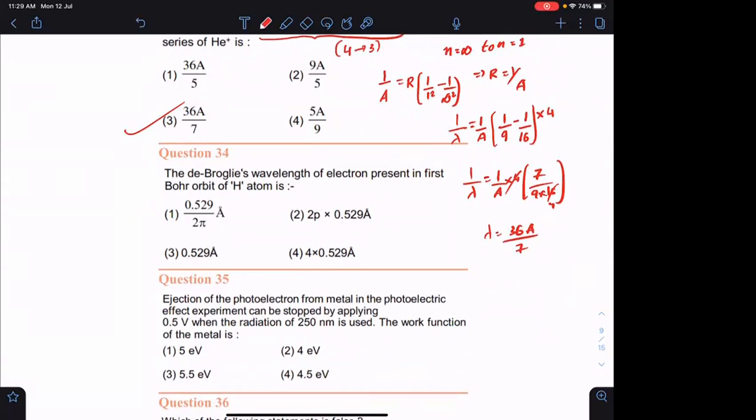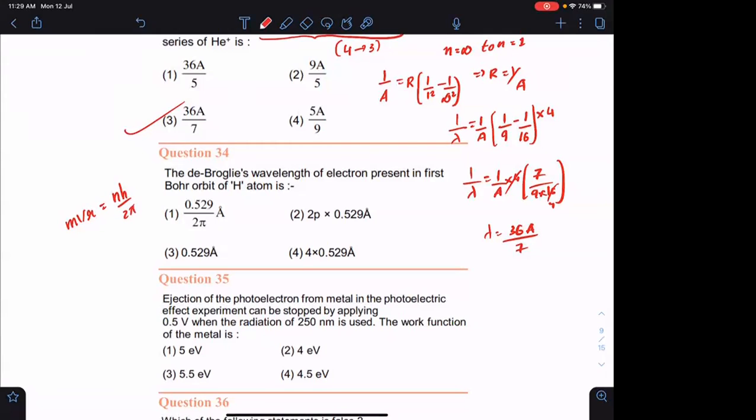Okay. Question number 34. The de Broglie wavelength of electron present in first orbit of hydrogen atom is. Dekho, mvr is equal to nh upon 2 pi.